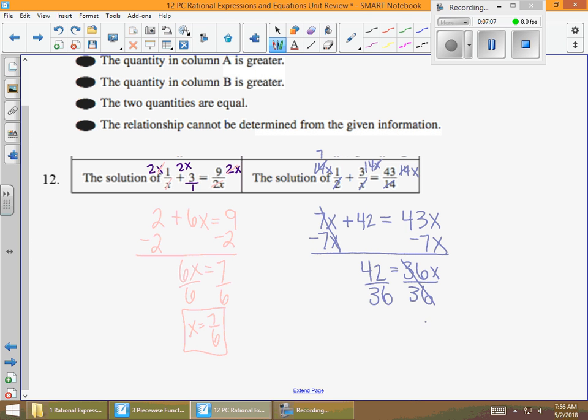And now you need to do a little bit of fraction work here. I can divide 42 by 6, I get 7. And I can divide 36 by 6. So here, the two quantities are. Just a different way to ask the question. All you're doing there is solving some pretty simple rational equations.